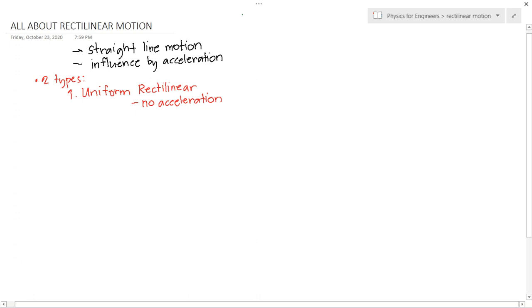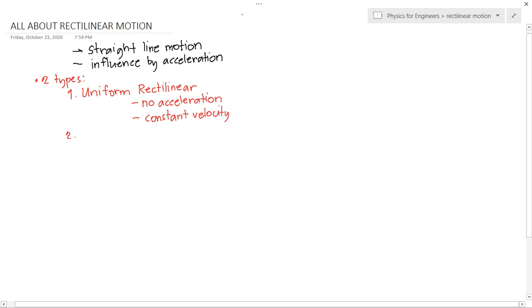At kapag sinasabi siyang hindi siya nag-accelerate, meaning it also has a constant velocity. And if you have a constant velocity, it only means that the initial velocity mo tsaka yung final velocity mo are the same. So, ganun yung parang uniform rectilinear motion.